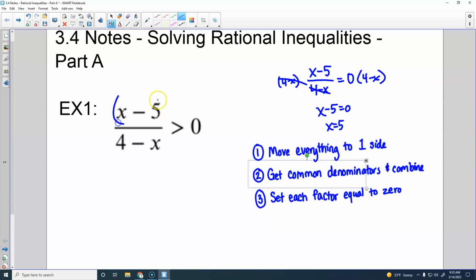So our factor from our numerator would just be this x minus 5, and we'll set it equal to 0, which will just give us x equals 5. And then our denominator will have 4 minus x equals 0. So 4 would equal x if we move that x over to the other side.